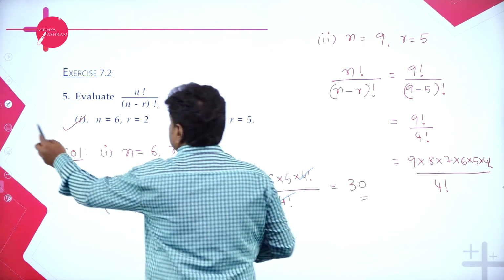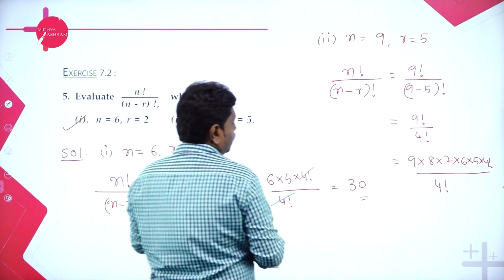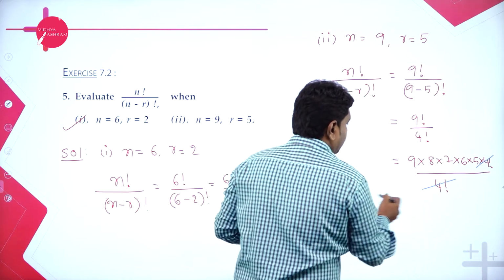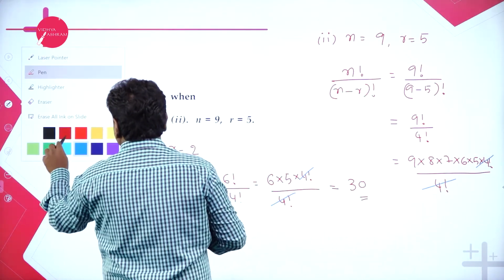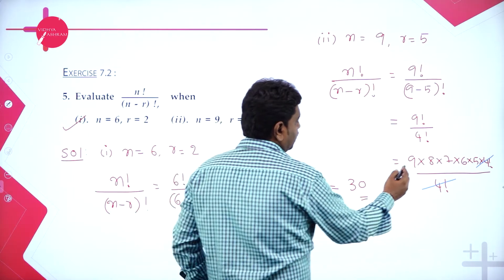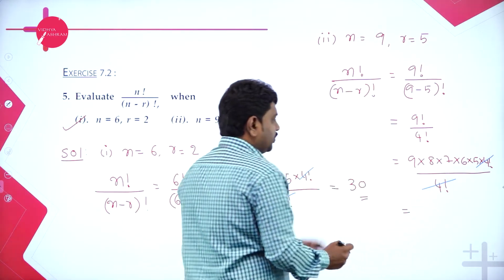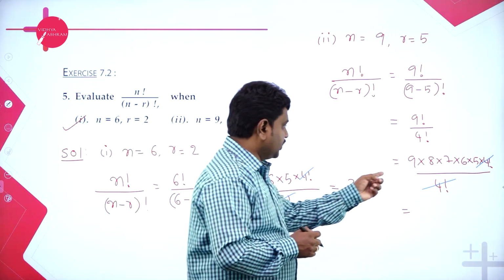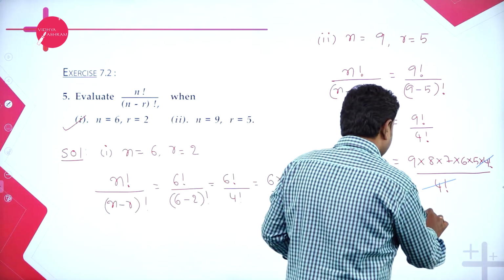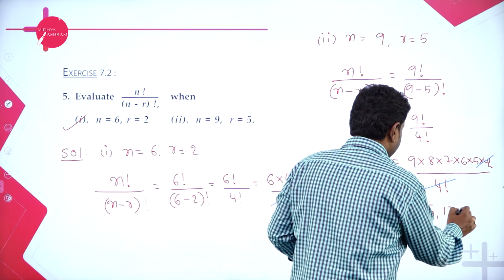Now I can cancel 4 factorial. Simplify the remaining part. 6 5s are 30 into, now multiply the remaining values. After you multiply this, you will get 15120.